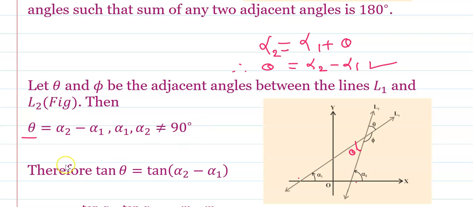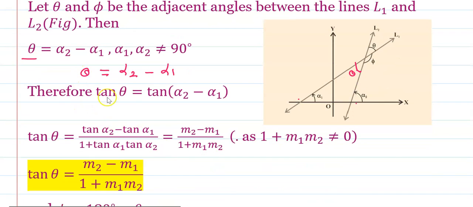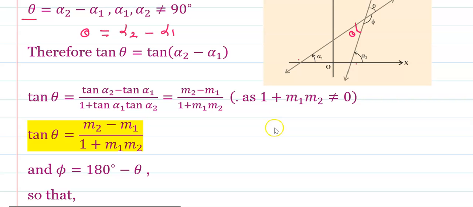Okay. Now here we have theta equals alpha 2 minus alpha 1. Take the tan ratio on both sides. Then you will have tan theta equals tan of alpha 2 minus alpha 1. And here we will apply the formula. What is tan of A minus B?